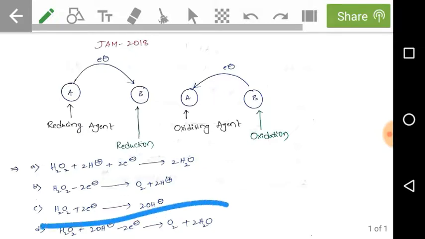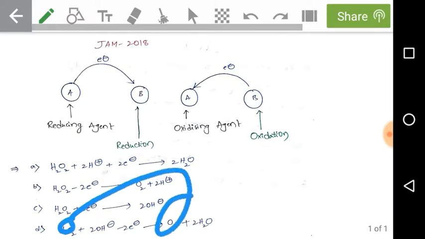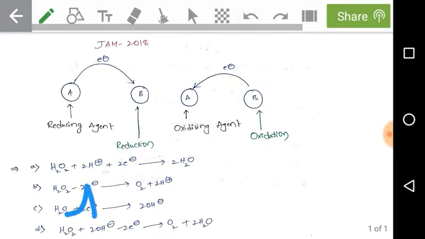Now we check option D, reaction D. Here, -2 electrons means electrons are being lost. Hydrogen peroxide is losing electrons and producing a neutral molecule of oxygen. In this case also, the charge on the central oxygens goes from -1 to 0, meaning it is giving electrons. Hydrogen peroxide giving electrons in this reaction, hence we call it a reducing agent.